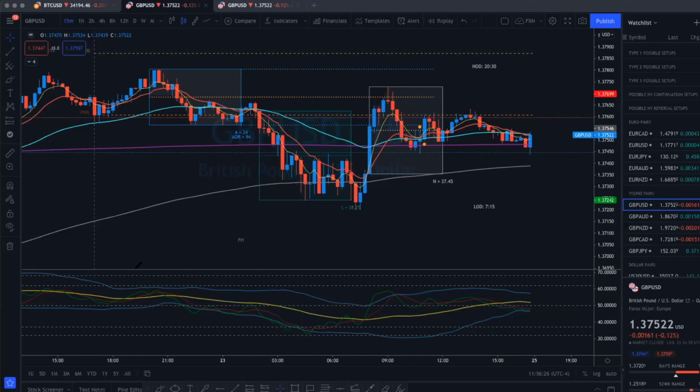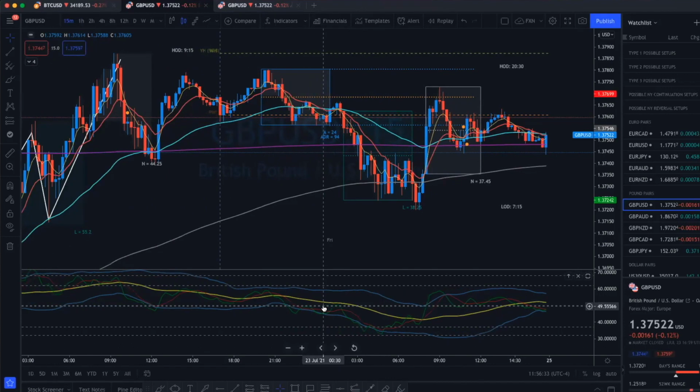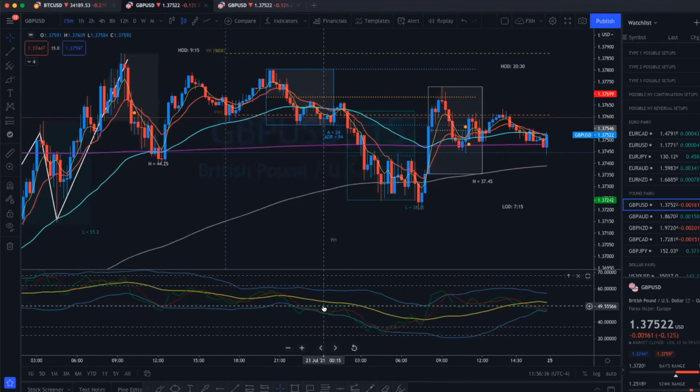Whereas once the line goes over the 50, like the middle line here, then the bias turns more towards buying.